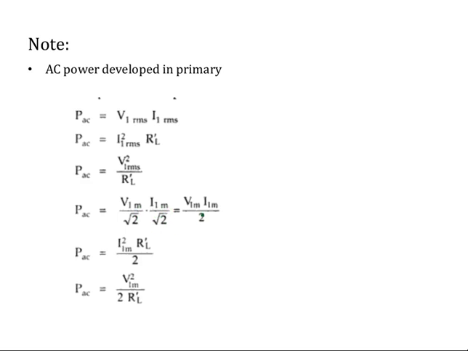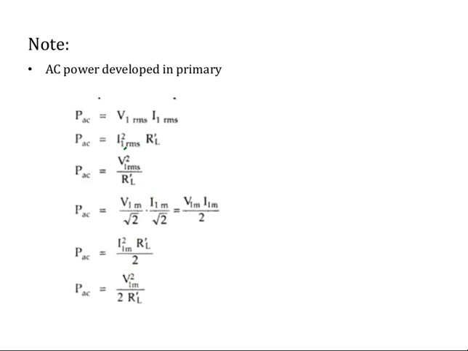Similarly, I1 RMS square RL dash will change to I1 maximum square RL dash by 2, because root 2 squared becomes 2. Like that you get these many expressions for AC power developed in the primary.